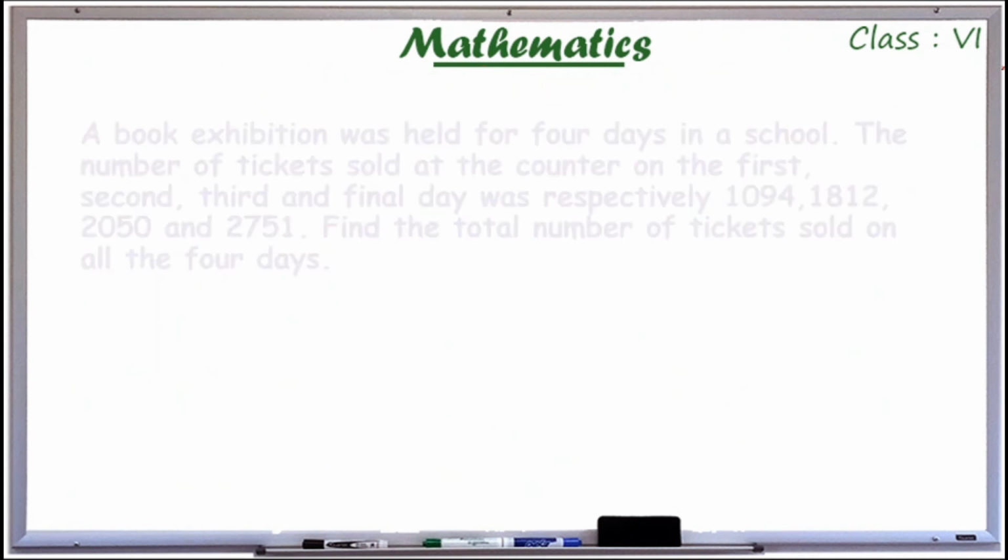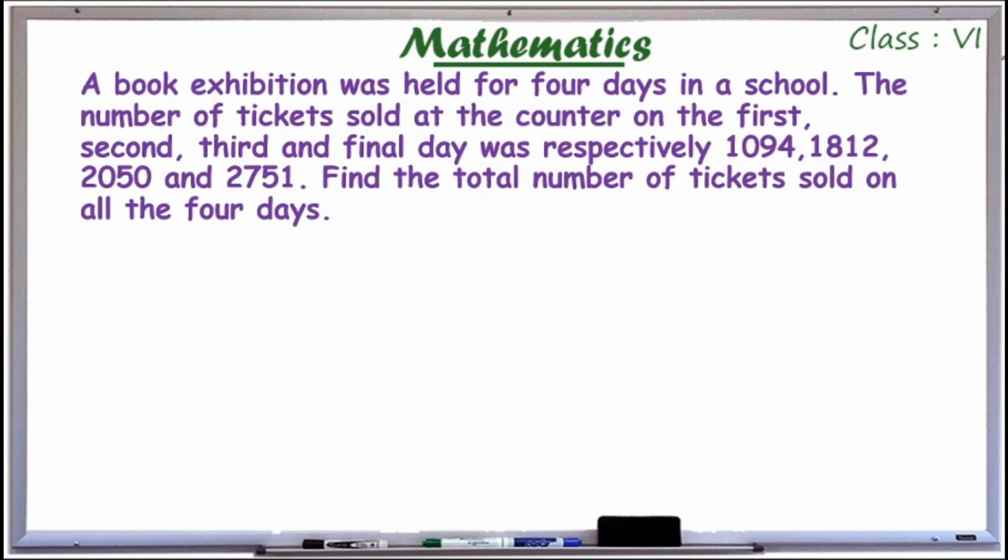And there are 4 homeworks. This is the first homework. A book exhibition was held on 4 days in a school. The number of tickets sold at the counter on the first, second, third, and final day was respectively 1094, 1812, 2050, and 2751. So the amounts of 4 days are given.